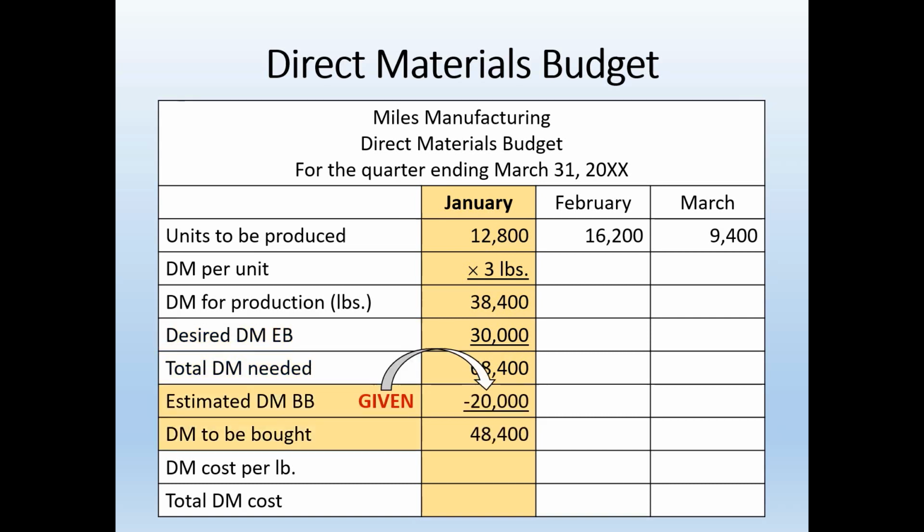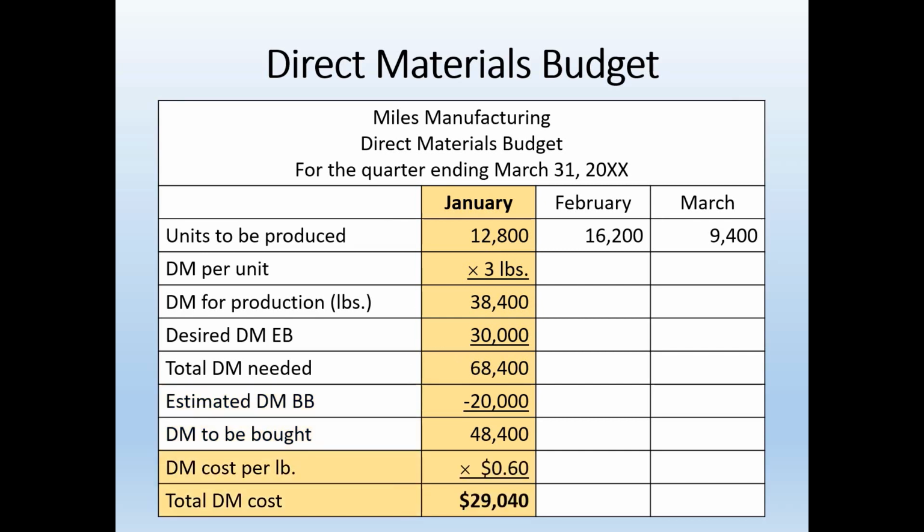But the firm doesn't have to buy all of that material because it expects to end December and start January with 20,000 pounds of material already on hand. If we take the total amount of material that the firm needs and subtract out the amount that they expect already to have, the difference tells us the amount of material that the firm needs to buy in January.